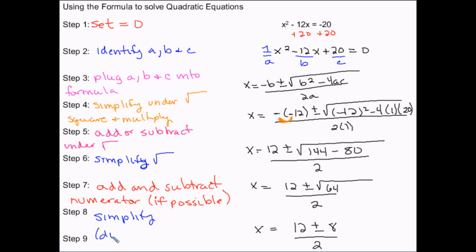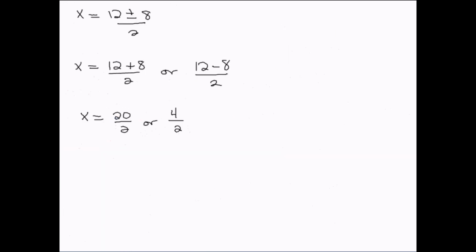And that means I'm going to divide by the numerator or reduce if possible. And again, I'll show you what happens if you can't divide by the numerator. Okay, so in this instance, though, I can. So x is equal to 10 or 2. And I want to put that in set notation, and I get 10, comma, 2 in brackets.